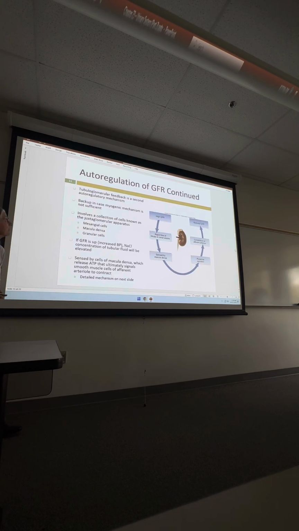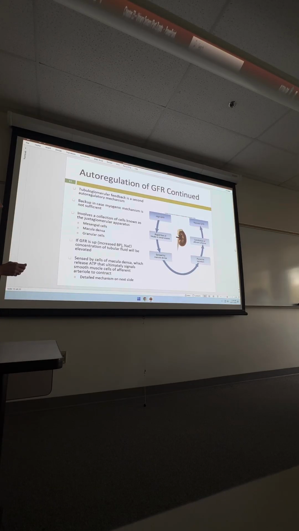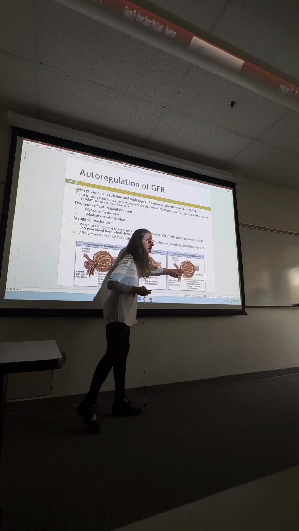The next mechanism is called the tubuloglomerular feedback autoregulatory system. So imagine this, as this diagram says, we have a high glomerular filtration rate. Why would we have a high glomerular filtration rate? Increase in blood flow, right?